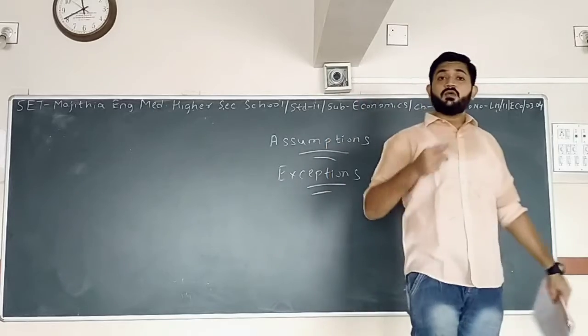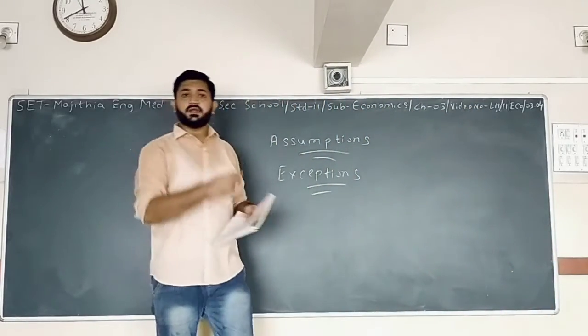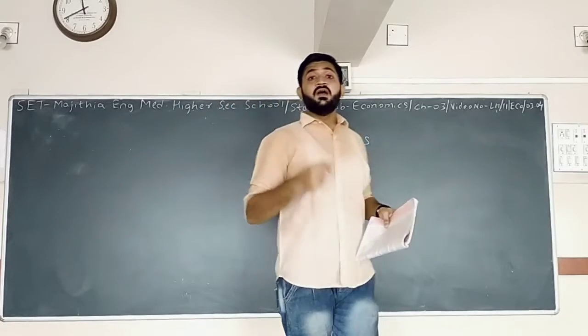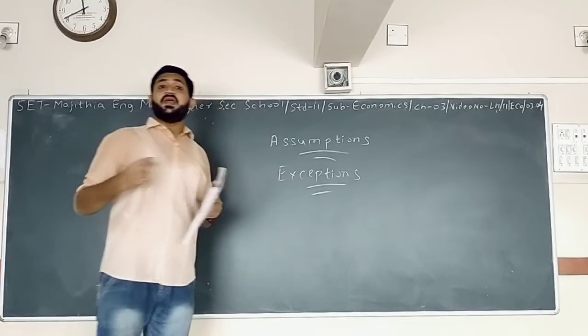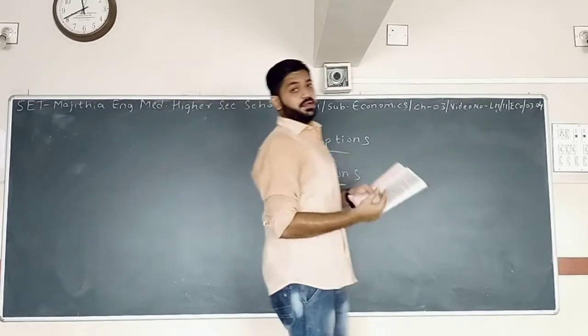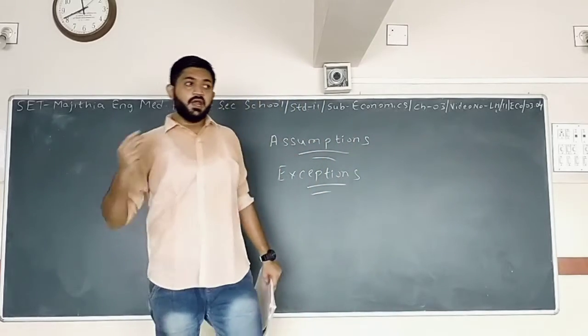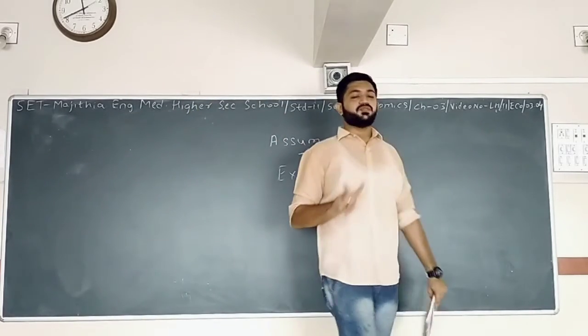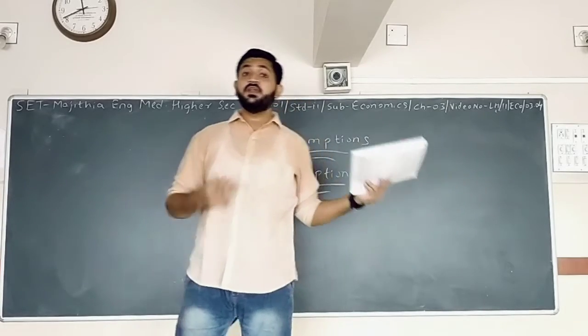Now you may ask, sir, what are inferior goods and superior goods? Inferior goods are of low quality, and superior goods are of high quality. Suppose I am choosing between a shirt of 100 rupees and a shirt of 300 rupees. The 100 rupees shirt is of inferior quality and the 300 rupees shirt is of superior quality.